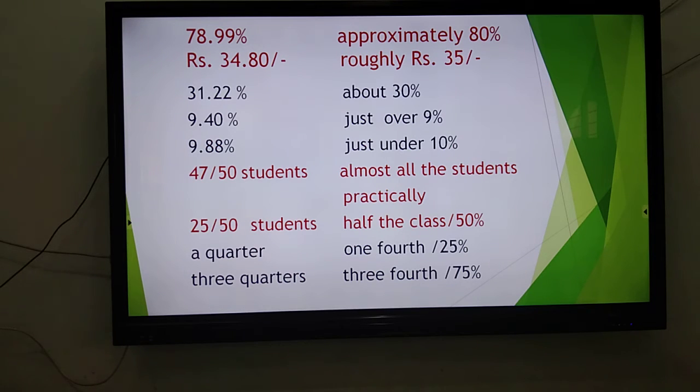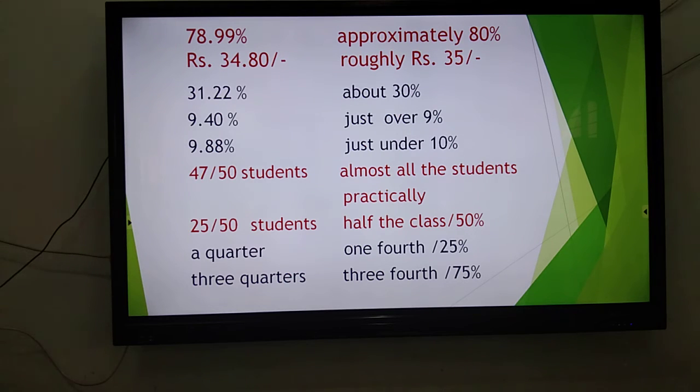But when it is less than 0.5, then we have to round off to 9. So it is just over 9%. If the same number was 9.7 or 9.8, then we could say that it is just under 10%. Just as you can see in the next example, 9.88%, we could write just under 10%.